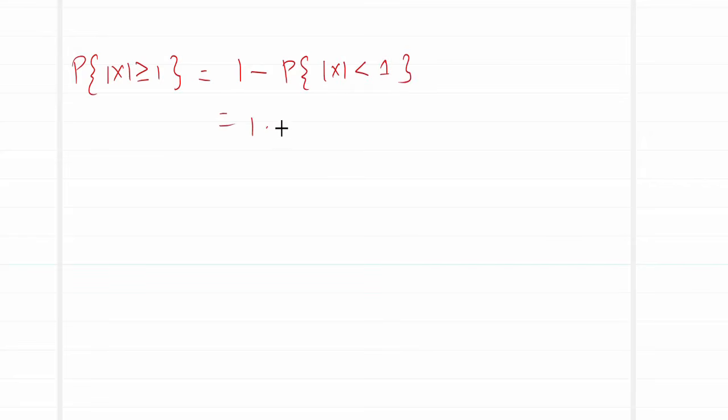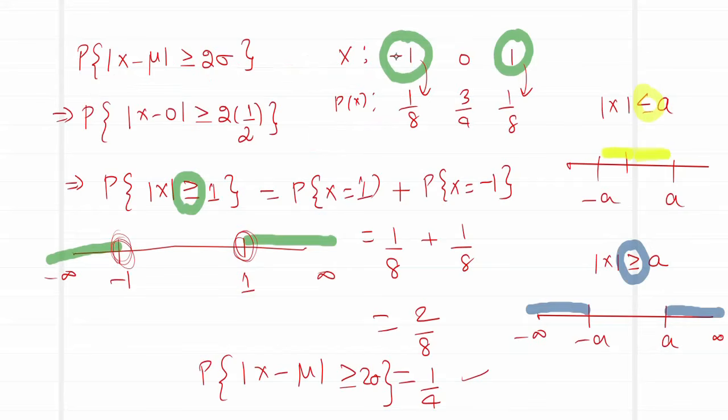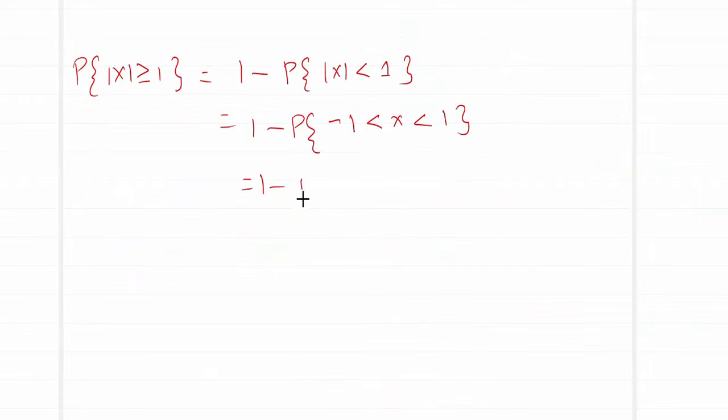So this becomes 1 minus probability of minus 1 less than X less than 1. It is strictly less, so no equality over here. What is the number between minus 1 and 1, not inclusive? The value between minus 1 and 1, not inclusive, is just X equal to 0. So it is 1 minus probability of X equal to 0.